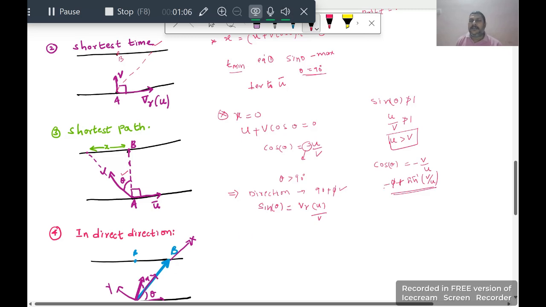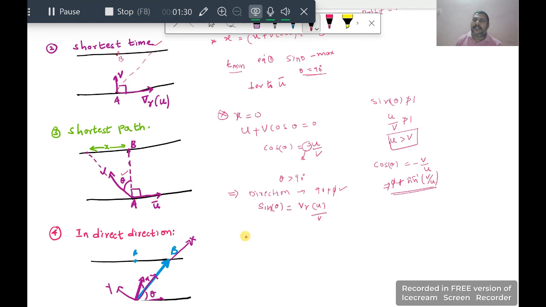So the direction you have to start is 90 plus sin inverse of v by u, to reach the shortest path to the other bank. So to reach the other bank, the ratio, the sine of the angle, will be u by v. So u should not be greater than v; then only we can reach. If the river velocity u is more than the swimmer velocity, the river takes him somewhere else.